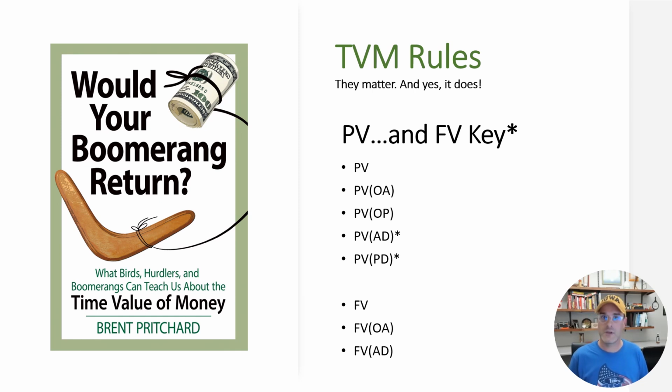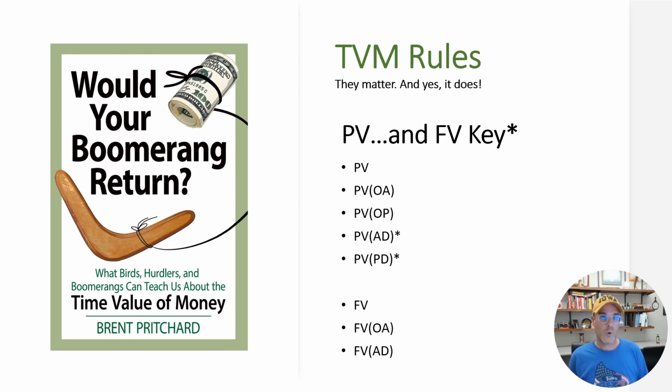In other words, the present value of an ordinary annuity, the present value of an ordinary perpetuity, the future value of an ordinary annuity, the future value of an annuity due, and last but not least, the present value of an annuity due and the present value of a perpetuity due.